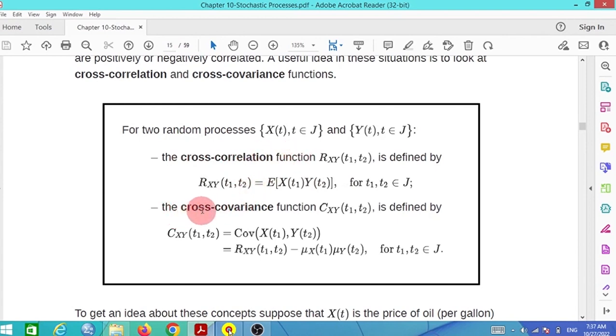What is the definition of the cross covariance function, denoted by this notation C index xy at two points? It is the covariance of xt1 and yt2, defined by the cross correlation function minus the product of the two expected values of random process x and random process y.